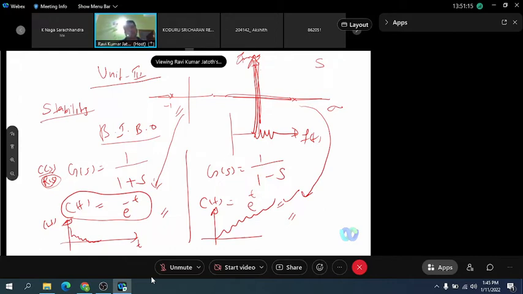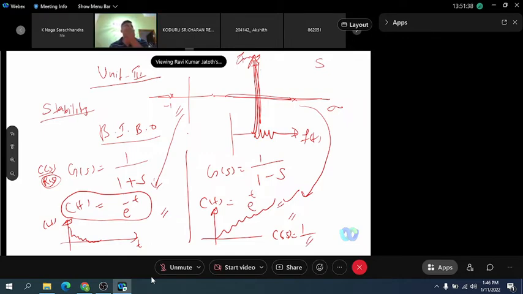Now let us take a transfer function having a sixth order polynomial. Sixth order means s to the power 6 plus 6 s to the power 5 plus so on. It becomes very difficult to find the roots, right? Yes or no? Yes, sir.